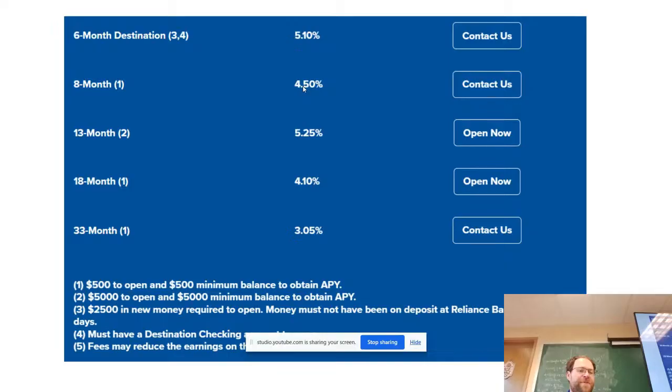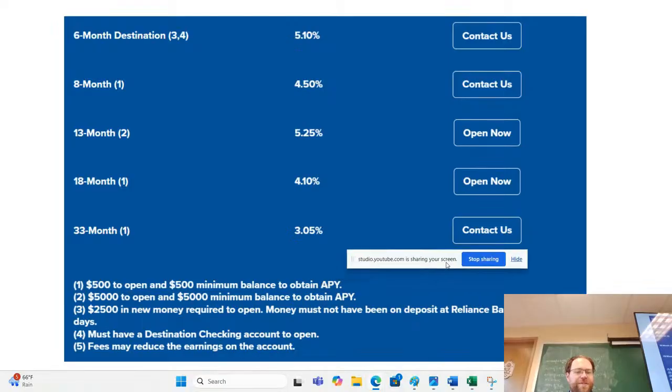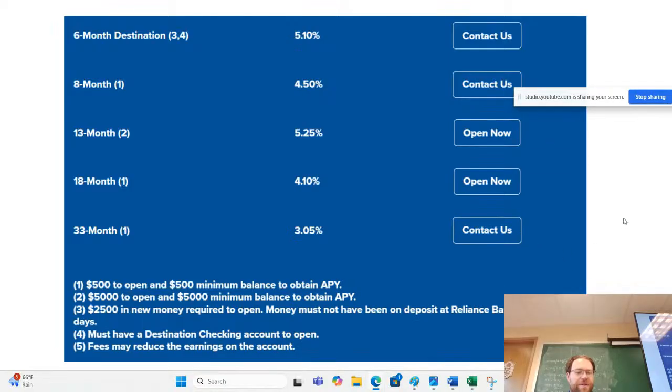So if you fell below the $500 balance, then they wouldn't pay it until you got that amount higher than 500. But just make sure to read the fine print like that there. Like down there where my mouse is.